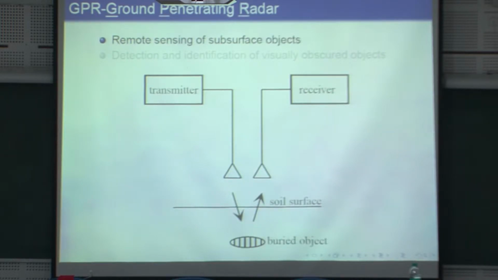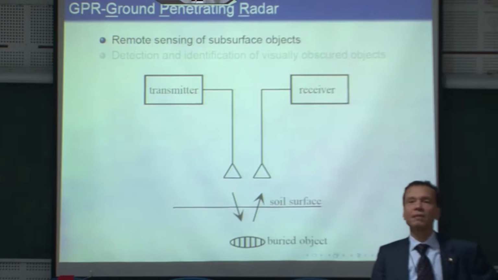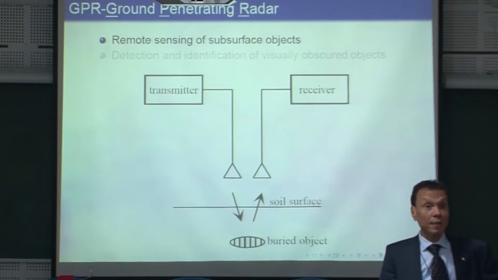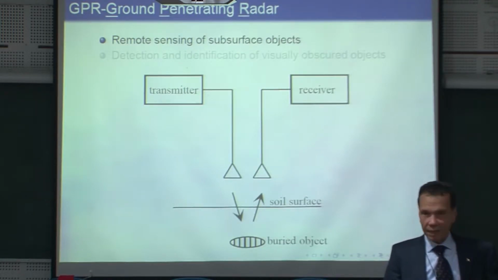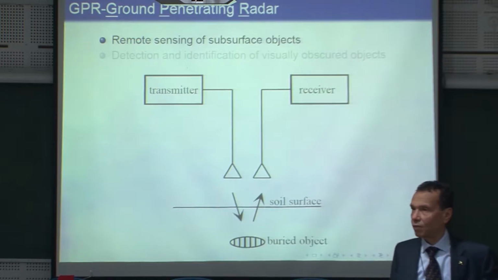So these are two applications for ground penetrating radar. Just if you know the application, you can understand what is ground penetrating radar. I would like to penetrate into the ground. It's exactly one-dimensional problem, okay, like we discussed before.